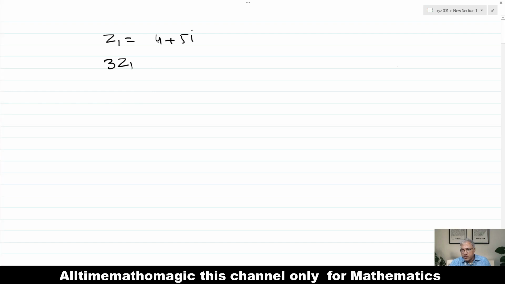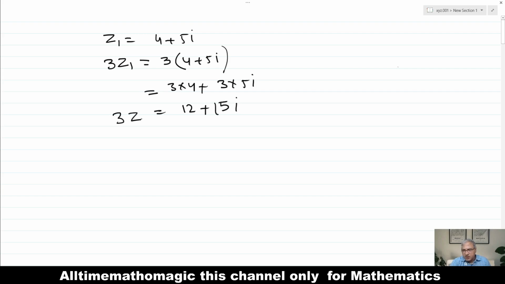So 3Z1 is 3 into 4 plus 5i, that is 3 into 4 plus 3 into 5i. It is like ordinary algebra. So 3 into 4 is 12, and 3 into 5 is 15. So 12 plus 15i is the result of 3Z1.